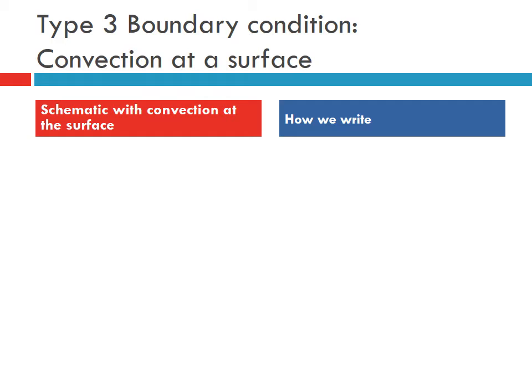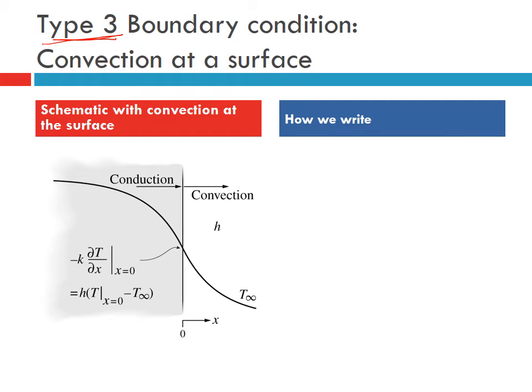So type 3 boundary condition, how do I write it? First let's look at the schematic. If this happens to be your cheek surface, so this is the tissue and this is the air, and you're losing heat because outside is cold, then the temperature profile can look something like that, colder into the surface of your skin and then even colder as you get far away.